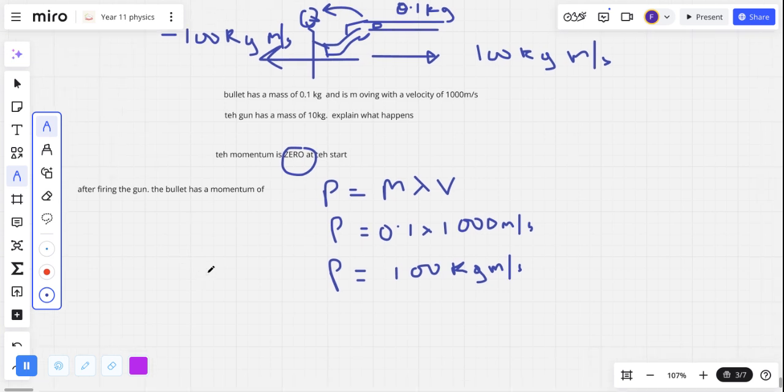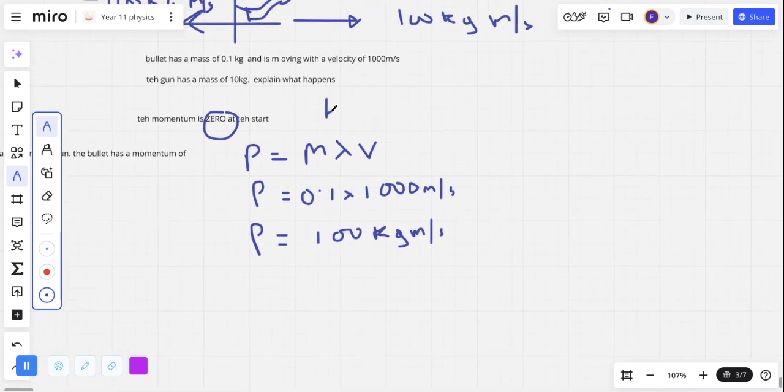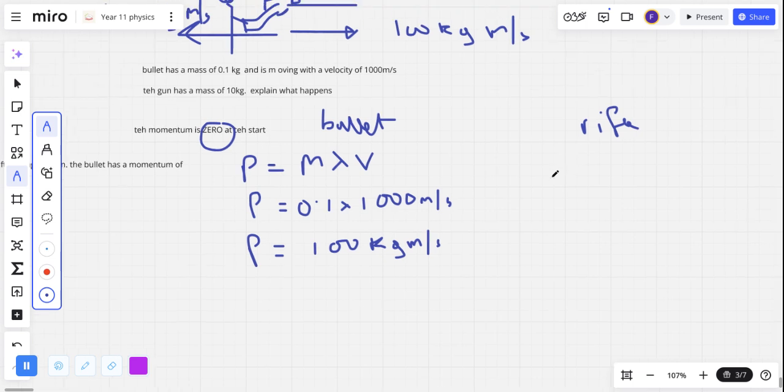So momentum equals mass times velocity. Let's write underneath, A and B. So this we're going to talk about the bullet, and this we're going to talk about the rifle. The momentum of the rifle is minus 100 kilogram meters per second. We know its mass is 10 kilograms.